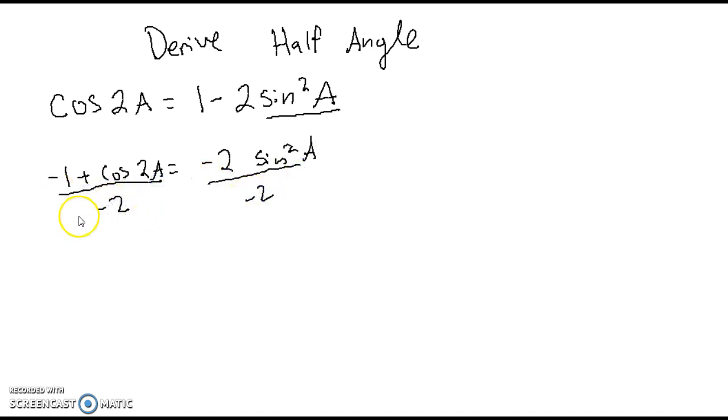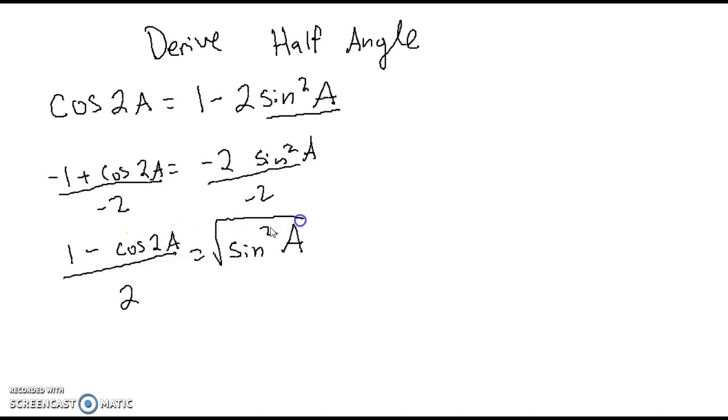I'm going to keep it as a fraction and move the negative to the numerator. Start to notice that 1 minus cosine 2A, I'm going to take the square root. And when I take the square root, I have to put a plus or minus in front of it.